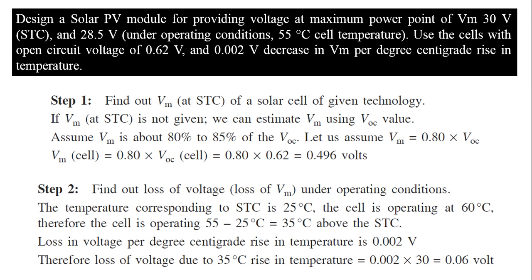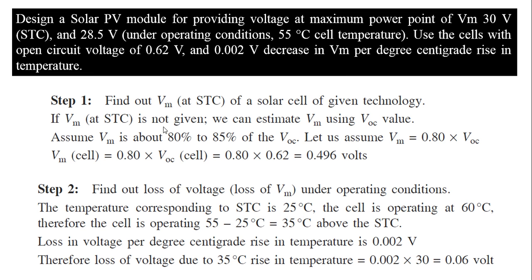We use a cell with open circuit voltage of 0.62 volt and 0.002 volt decrement in Vm per degree centigrade rise in temperature. We will follow the same steps that we have done. Now we can find out the Vm, the voltage at maximum point at STC for the solar cell.